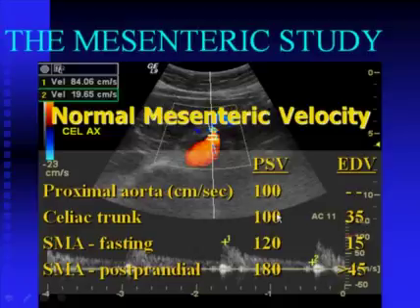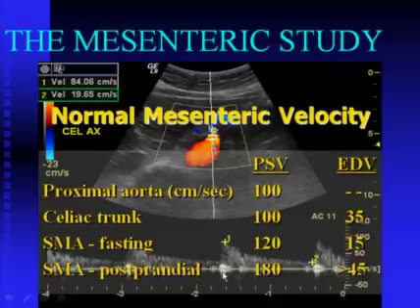Typical peak systolic velocities, 80 to 120 or so peak systolic, approximately 30 to 40 centimeters per second end diastolic. The superior mesenteric artery in the fasting state is the high resistance vessel, typically 100 to 150 centimeters per second peak systolic and 10 to 20 centimeters per second only end diastolic.